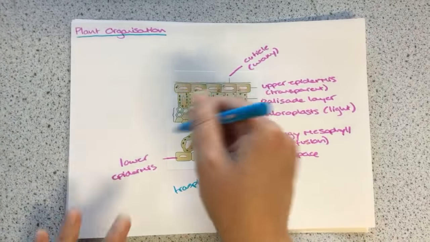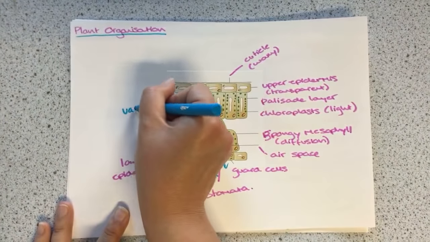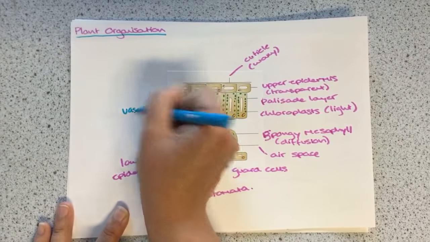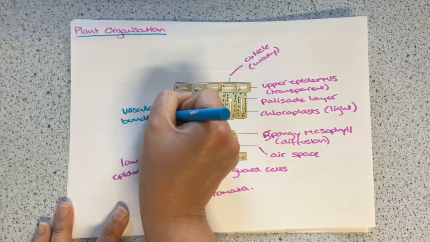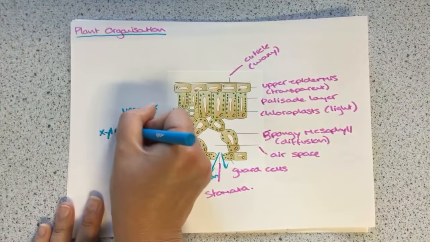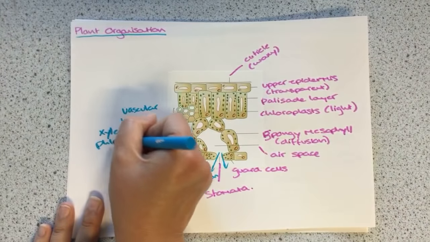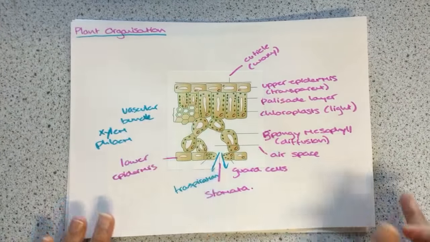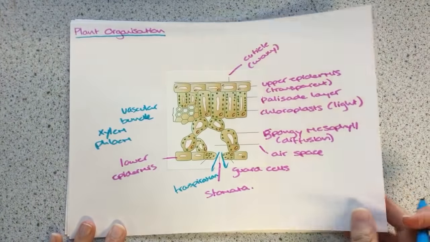Last little bit here, you've got a vascular bundle, and in the vascular bundle, you've got your transport tissues, which are xylem and phloem. That links into transpiration and translocation, which I will very, very briefly cover.